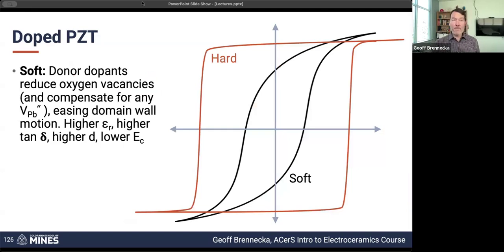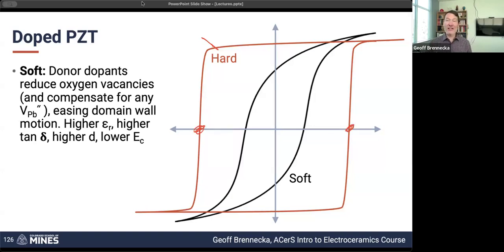How this manifests is that if we intentionally add more of these defect dipoles, then the material ends up being hard. And that hard refers to, well, for one, it actually does have a larger elastic modulus. But what it really means is that it has a larger coercive field. So it's harder to pull.